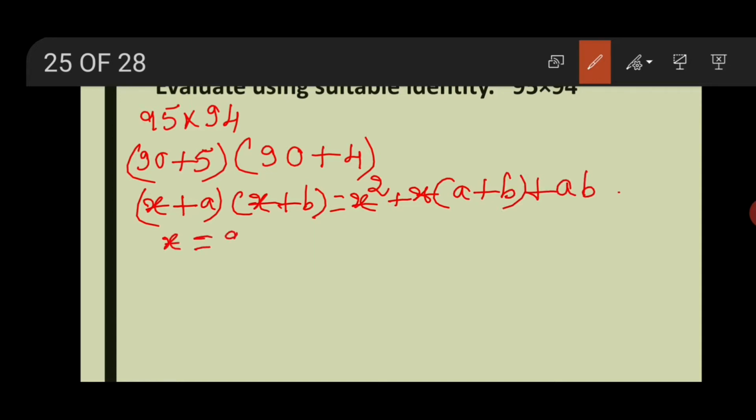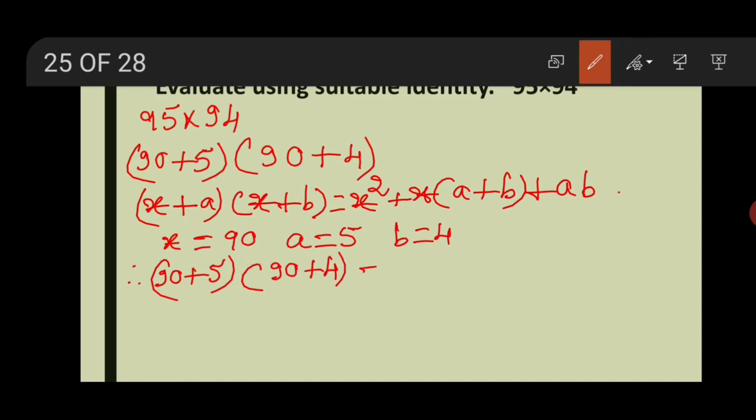Here, what is the value of x? It is equal to 90 and value of a is 5, value of b is 4. Therefore, 90 plus 5 into 90 plus 4 is equal to x square. Value of x is 90. So, 90 square plus x value is 90 into value of a 5 plus value of b is 4 plus a value is 5 into value of b is 4.